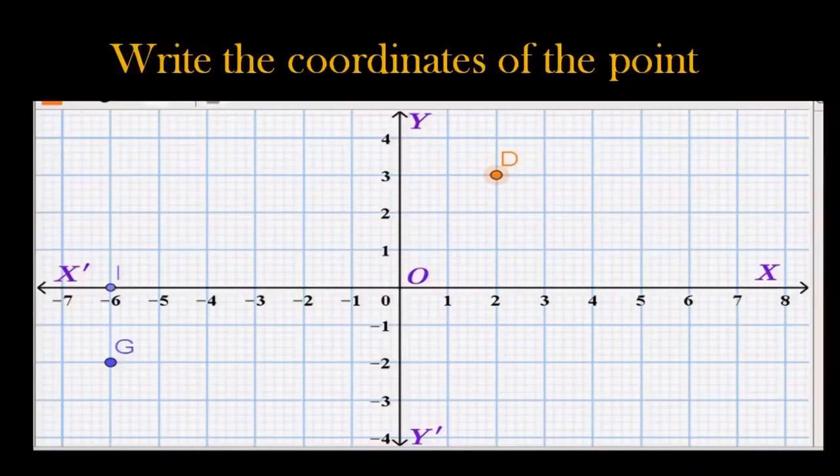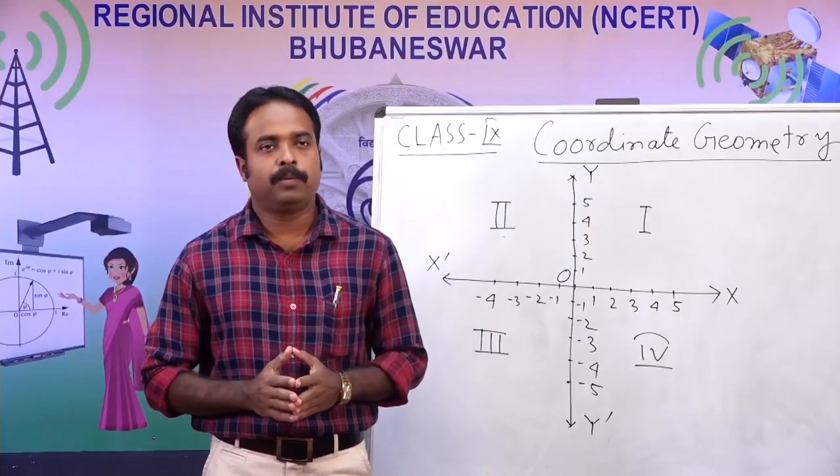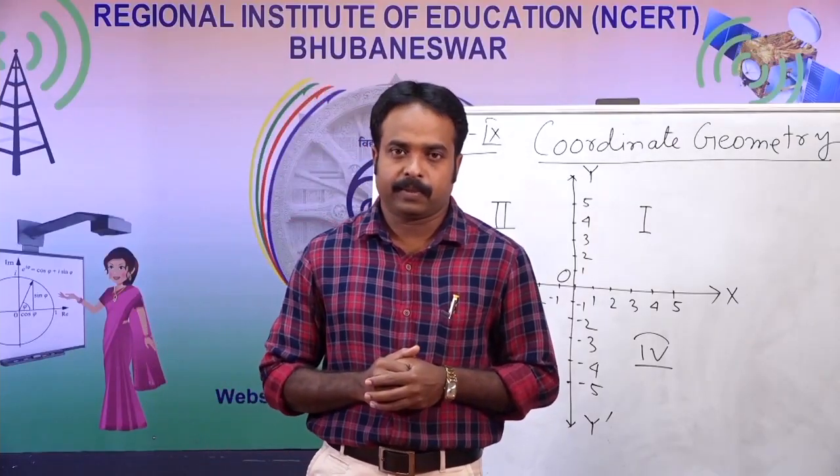Write the coordinates of the point. Here D is a point, and we want to write its coordinates. So how can we write the coordinates? We have to find the perpendicular distance of D from both the axes.